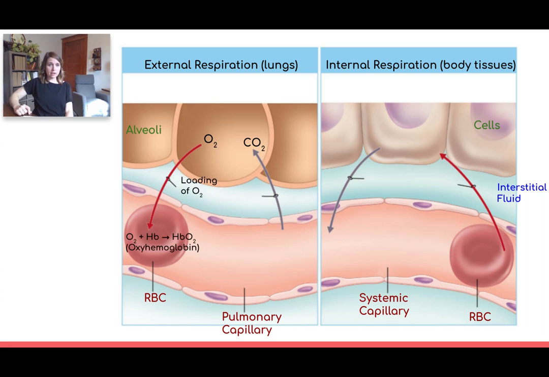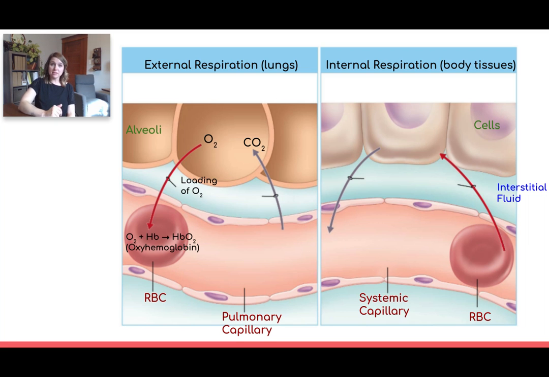I want you to write that formula down: O2 + Hb, which is hemoglobin, arrow, makes HbO2, oxyhemoglobin. So when we said 98% of the oxygen in my blood is oxyhemoglobin, most of it gets attached to those red blood cells. One of the videos is going to show that process in a little more detail for you.